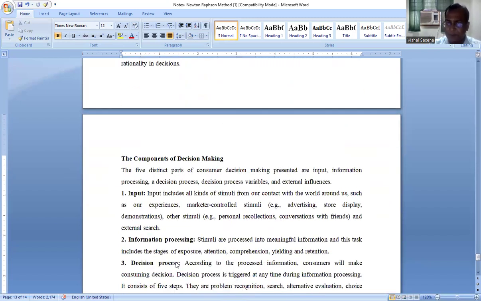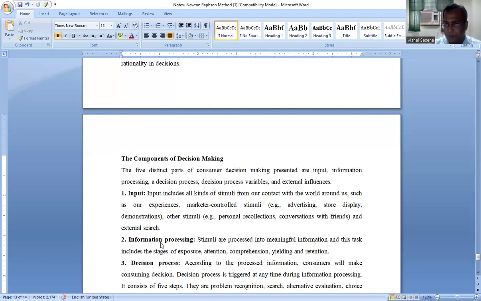The five distinct parts of consumer decision making presented are input, information processing, a decision process variable, and the external influences. So these are the five components of decision making. The first is input.